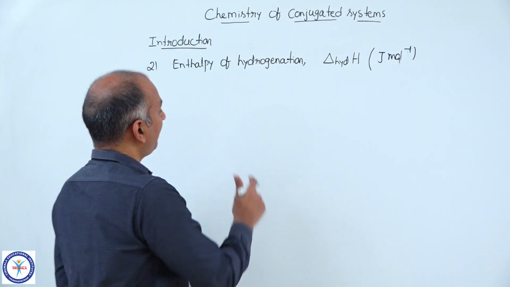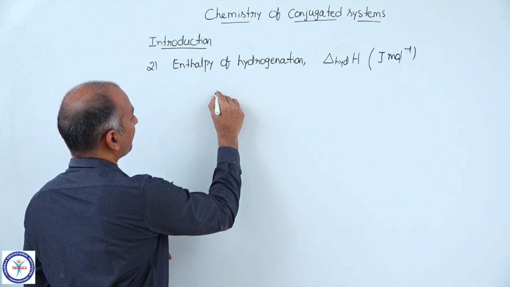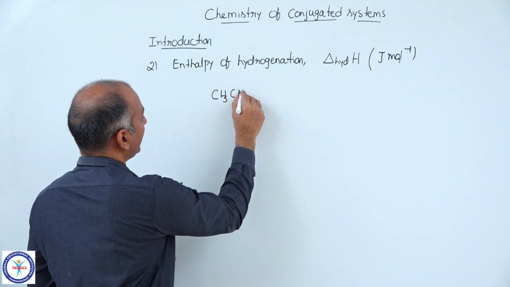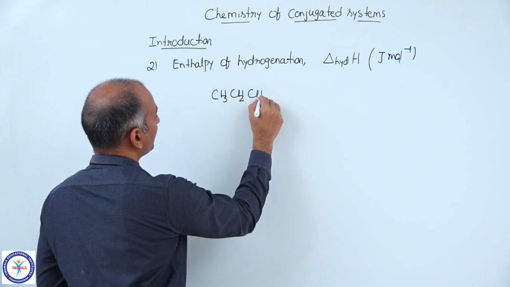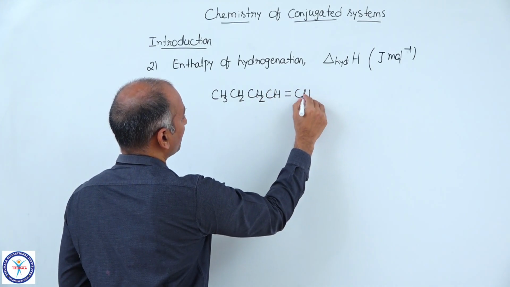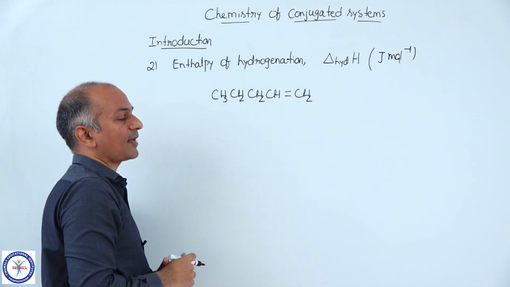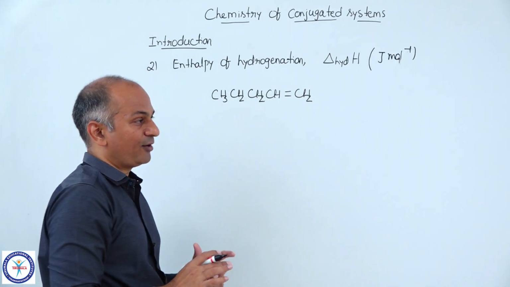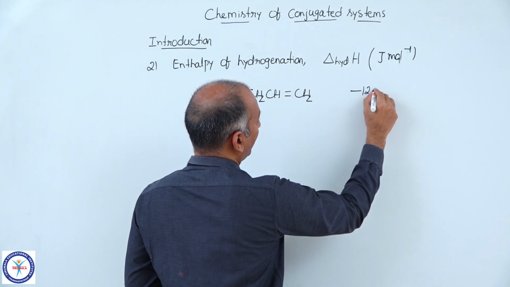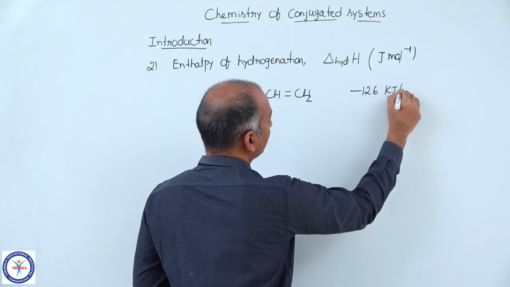Suppose you start with 1-pentene, CH3CH2CH2CH=CH2. If you see its enthalpy of hydrogenation, it is minus 126 kilojoules per mole.